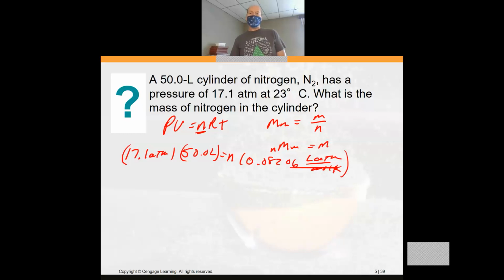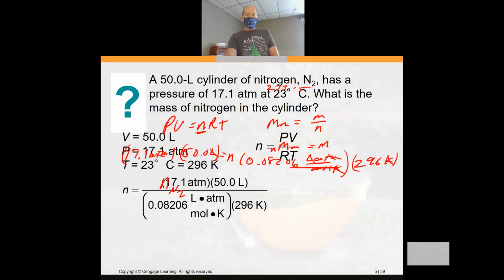And then you have your 23, you add 273.15, you have 296 Kelvin. Kelvin cancels the Kelvin, liters will cancel the liters, atmospheres will cancel the atmospheres when you divide both sides by R and by T. And so then you'll get your moles of nitrogen.